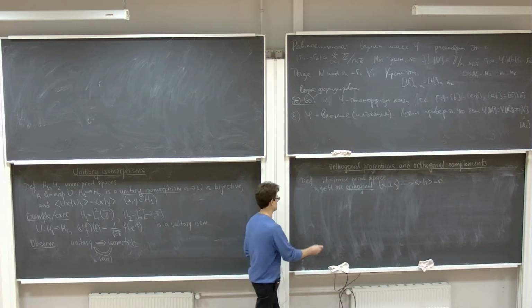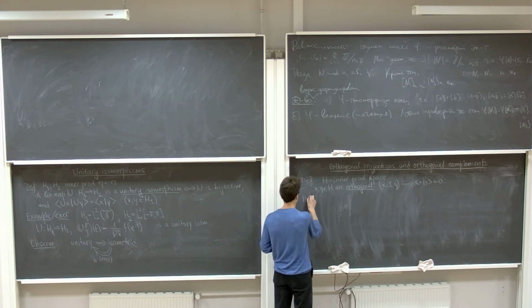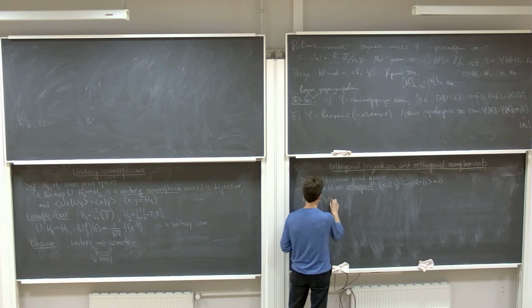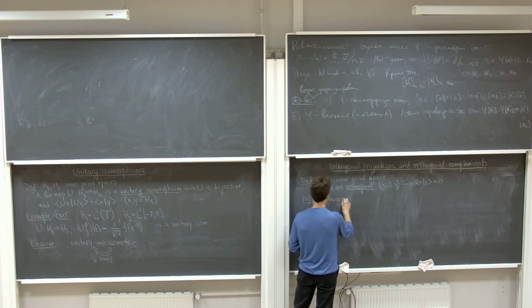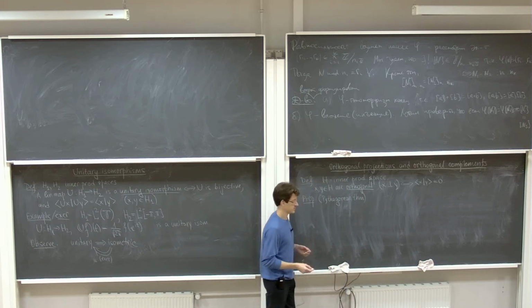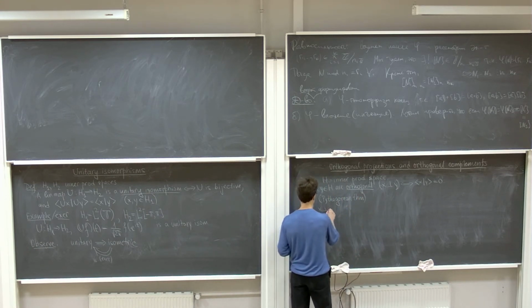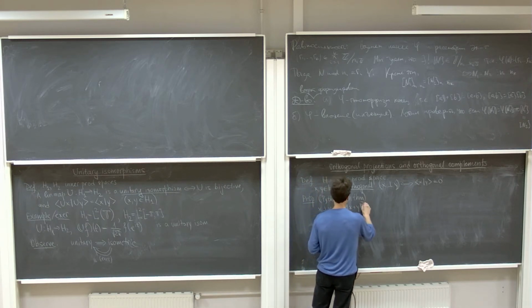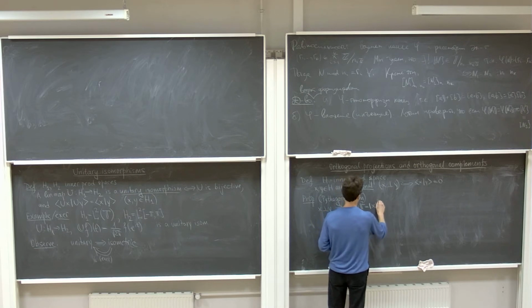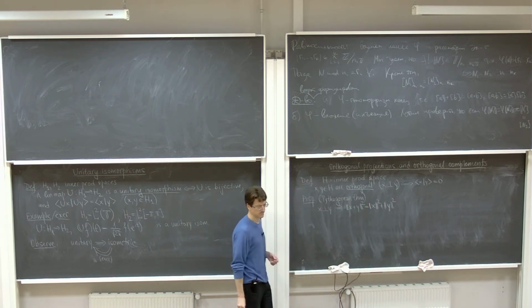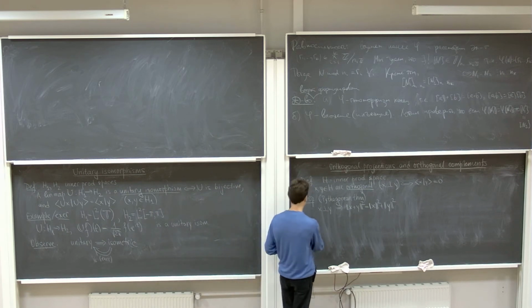And we have the following simple result. Actually, this is the Pythagorean theorem. If x and y are orthogonal, then the following identity holds. And of course, the proof is an elementary exercise.